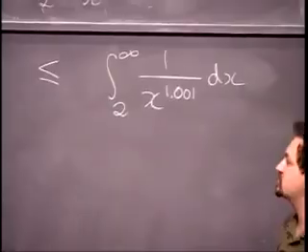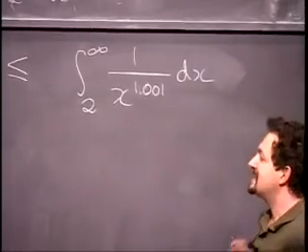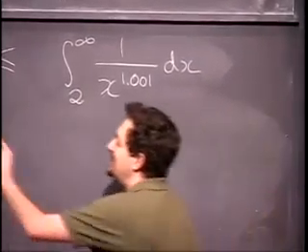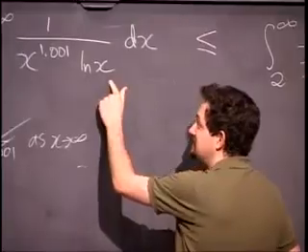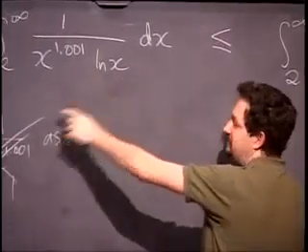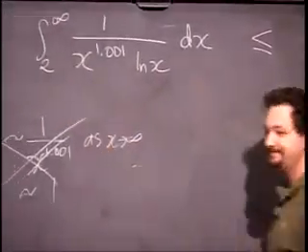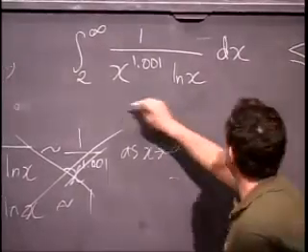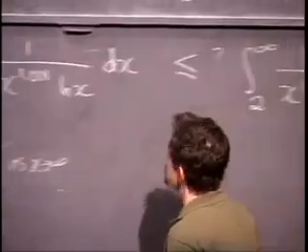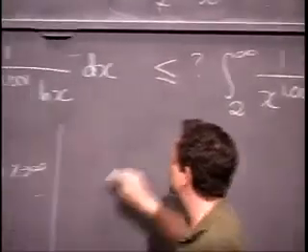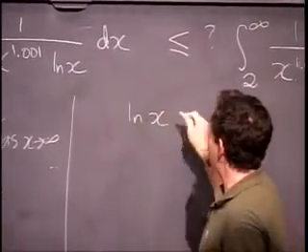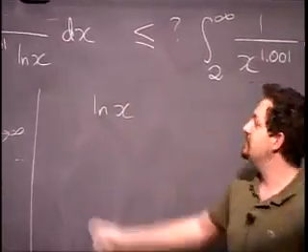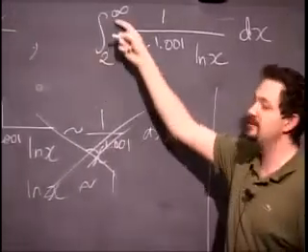It's almost true. The only problem with it is that for log x, when x is bigger than e, everything is fine. But we're going from 2 to infinity, so if I'm really going to do it properly, this is what I'd like. Let me show you how close we were to this. Log x, how small could log x be when x is between 2 and infinity?